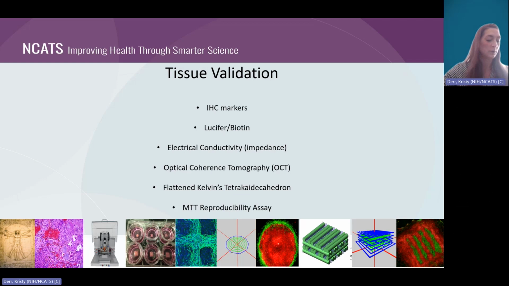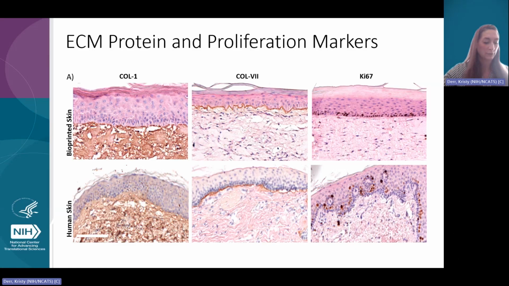One very important criteria is validating the tissue. We've gone through and completed multiple validation techniques to show our skin is as human-like as possible. The first is different immunohistochemistry stains. Every stain we've compared to real human skin tissue, which is shown below.